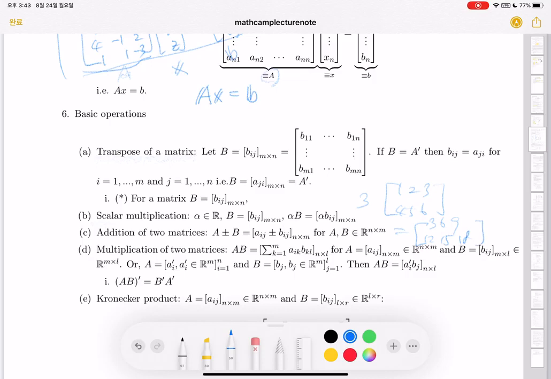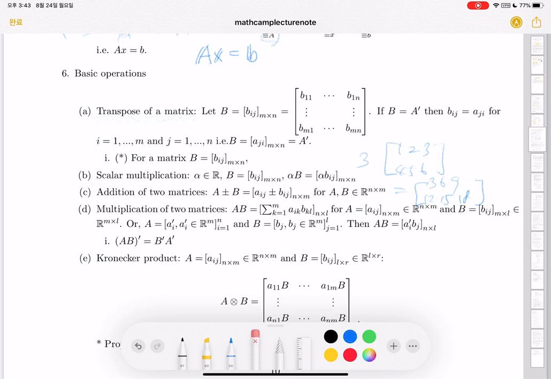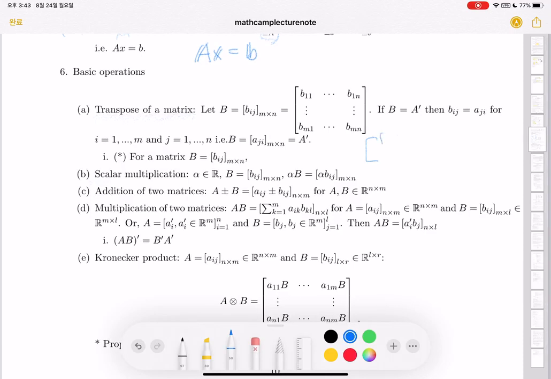You can add two matrices. 1, 2, 3, 4, 5, 6 plus 1, 2, 4, 3, 6, 9 is element-wise addition, and gives you 2, 4, 7 and 7, 11, 15.